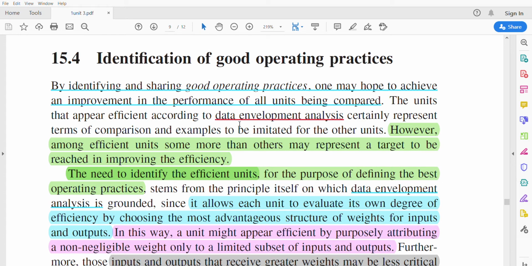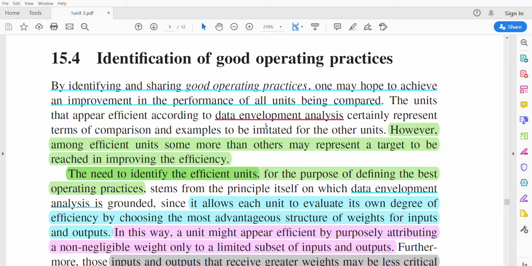By this data envelopment analysis, we are comparing the units and selecting the efficient units, and we are also identifying inefficient units. By that, we are changing those and applying some methods, and again we are converting inefficient units into efficient units.